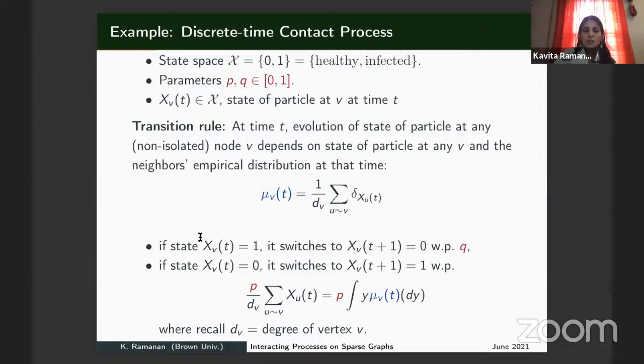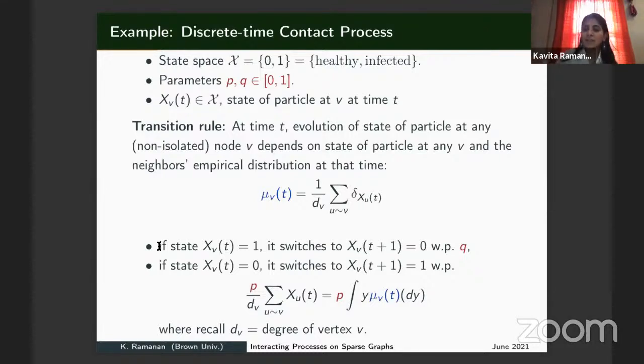So this is defining it explicitly, where this is the Dirac delta function at the state. What is the precise way in which it depends? If the state x_v(t) is equal to 1, it switches to x_v(t+1) equal to 0, from 1 to 0, which means infected to healthy, so it recovers with a probability that's independent of any of its neighbors, right? So it's just the recovery rate.